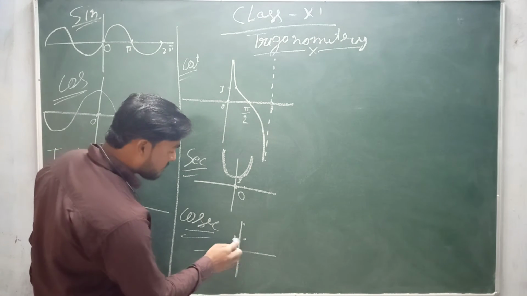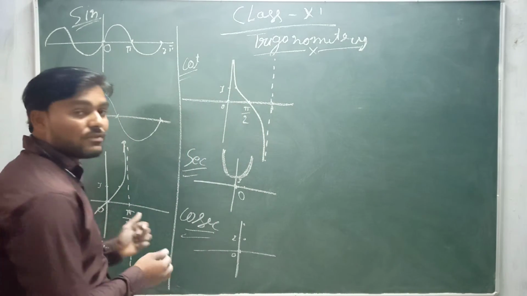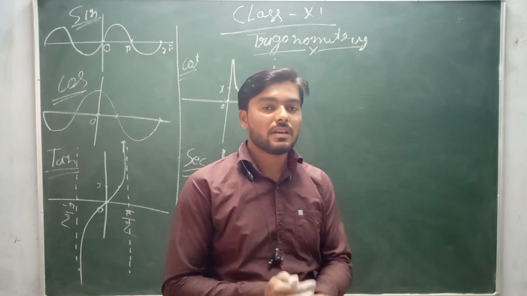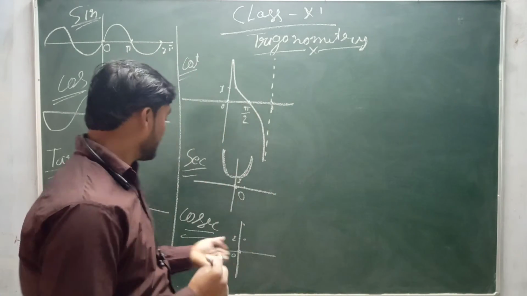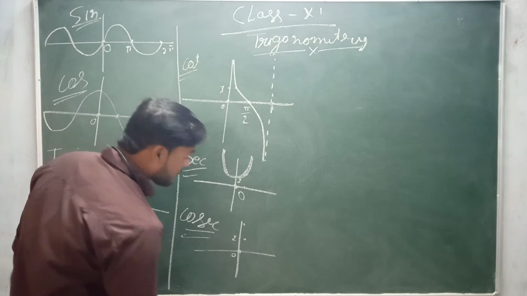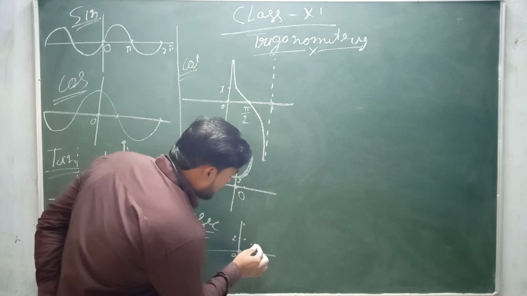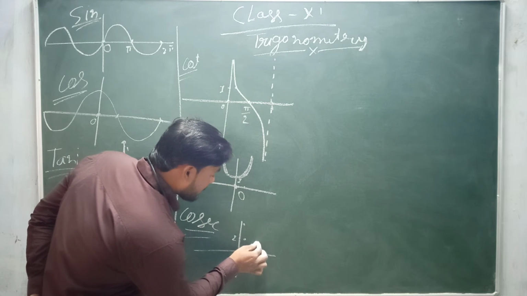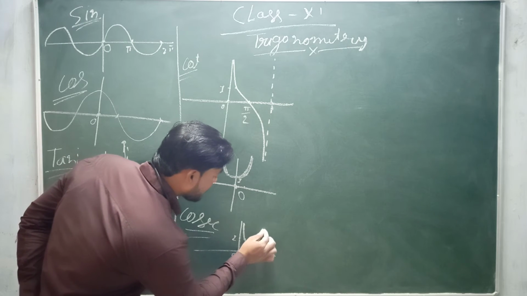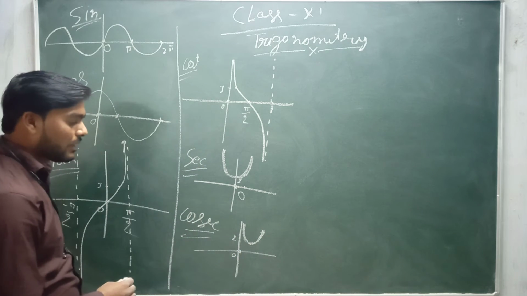Now sin 45 value equal to 1 by root 2, then cosec 45 equal to root 2, equal to 1.414. It will be here. This will continue like this, and our graph is completely like this.